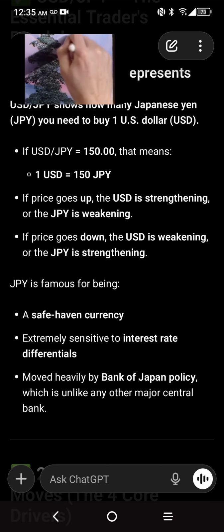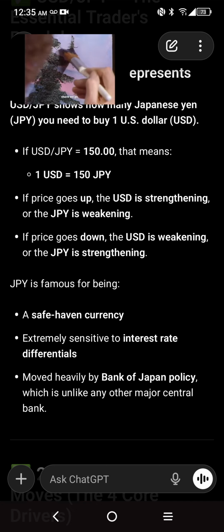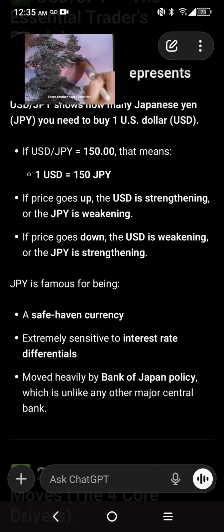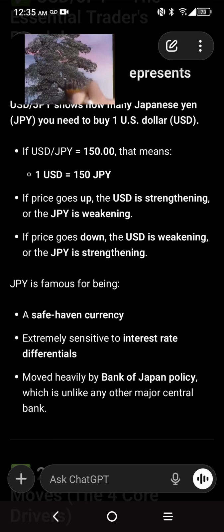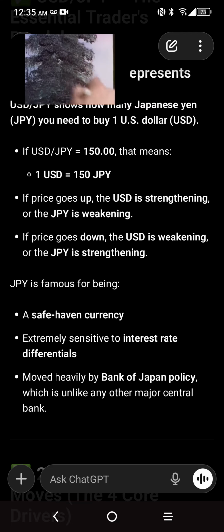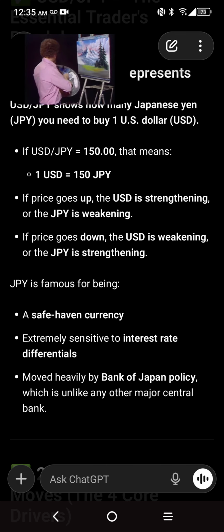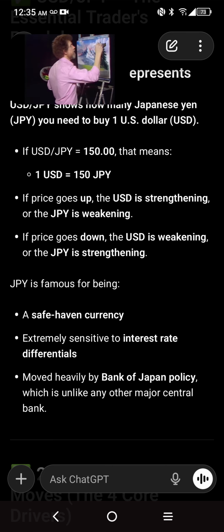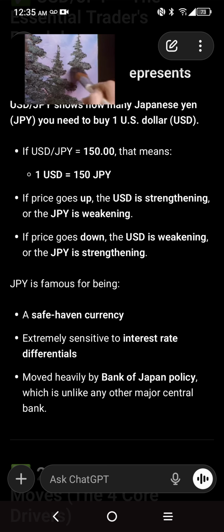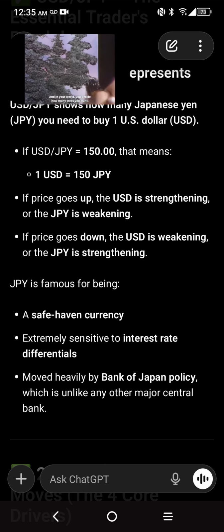So safe haven currency basically means that in uncertain times, people who have the know-how or the ability to move assets around will go into a lot of different yen investment vehicles.